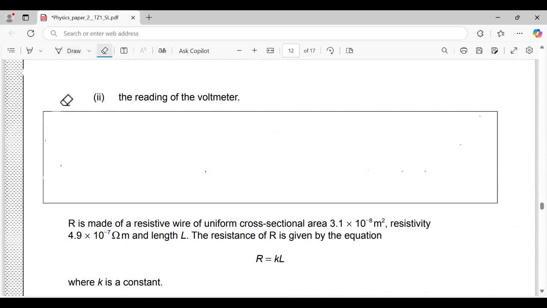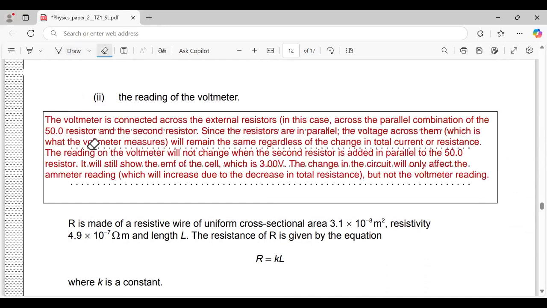I have provided my opinion as well. The voltmeter is connected across the external resistor, in this case across the parallel combination of the 50 ohms resistor and the second resistor R.